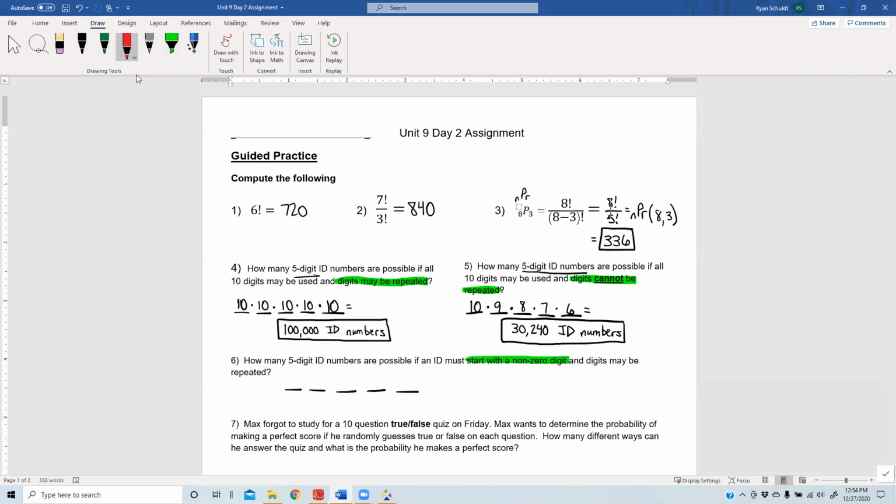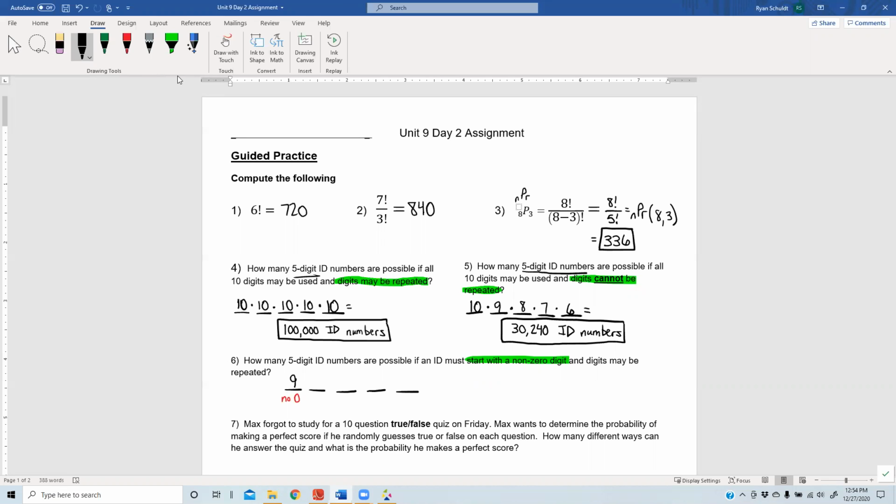So that means this first one cannot be 0. So no 0 there. Well, if the first one can't be 0, how many options do I have to pick from? Just 9. I only have 9 options because 0 is not an option for the first one.